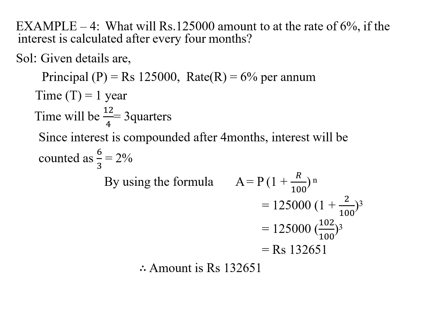Now let's do example 4. Here the question is, what will rupees 1,25,000 amount to at the rate of 6% if the interest is calculated after every 4 months? Let's understand this question step by step.